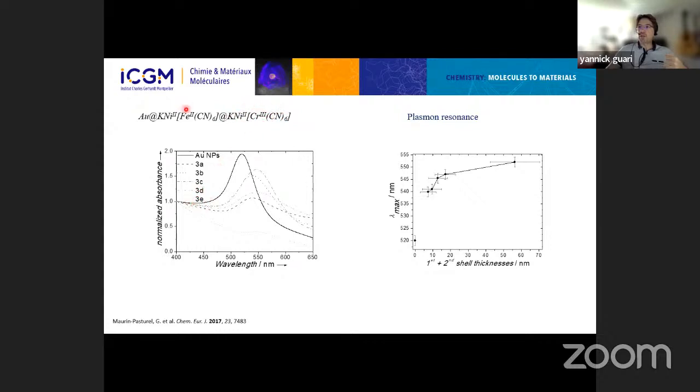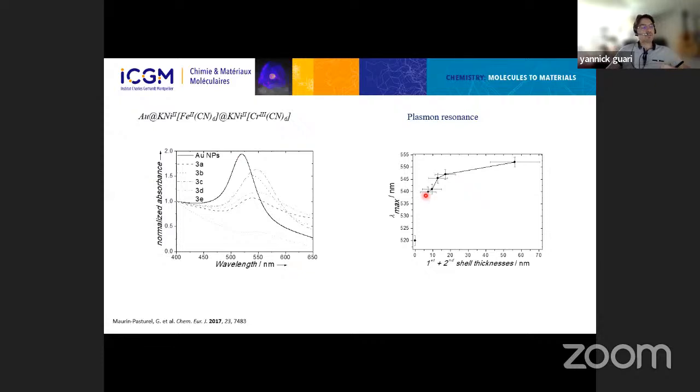And in this case, we have another thickness for nickel iron 2. So a progressive redshift of the lambda max of the surface plasmon resonance band from 520 nanometers to 552 nanometers, that is reported here as a function of total thickness, is observed.